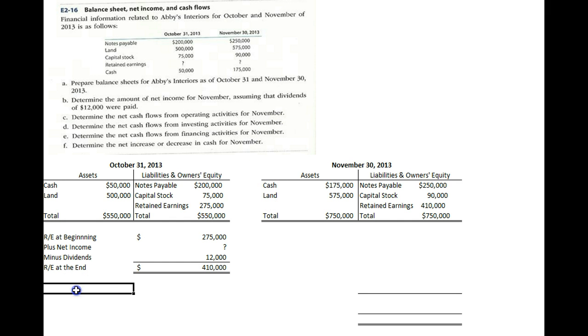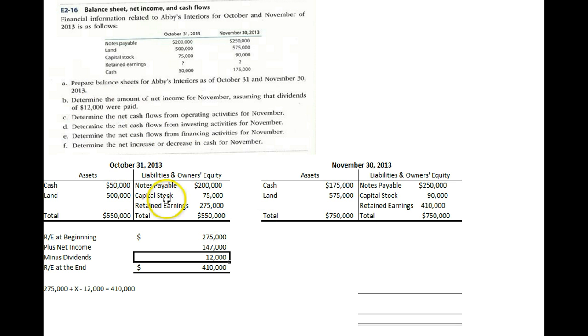So however much money we made in net income, when we add that to the $275,000 and we subtract the $12,000 of dividends, we should end up with $410,000. So a little bit of algebra and you come up with $147,000 worth of net income.